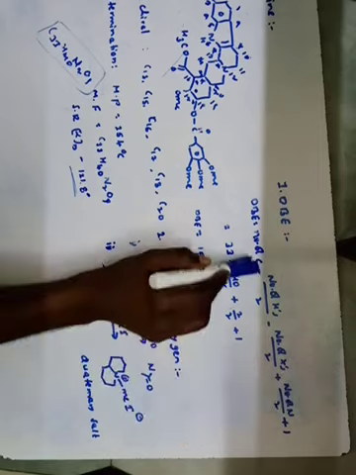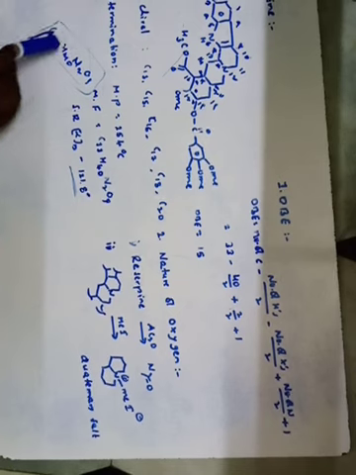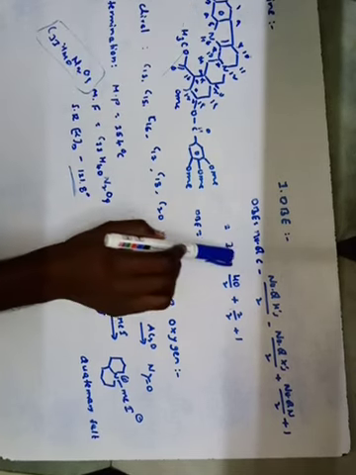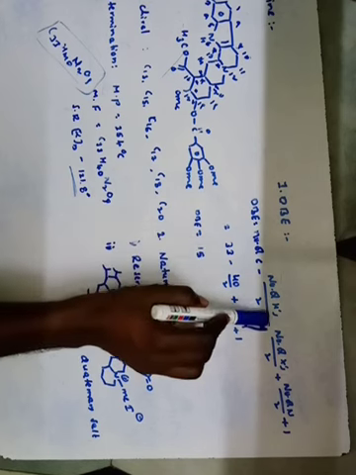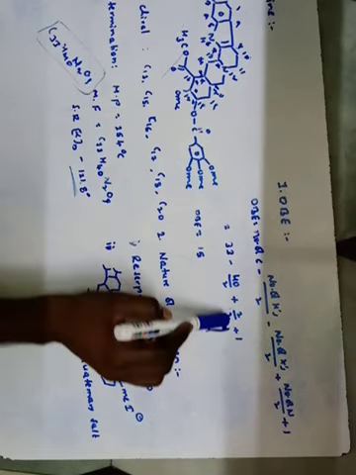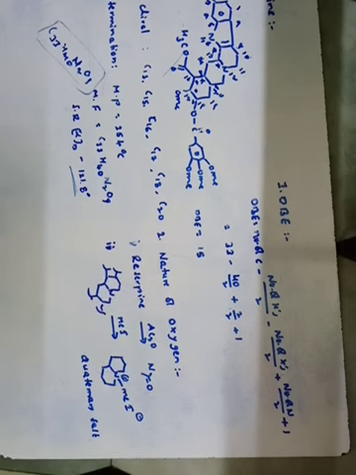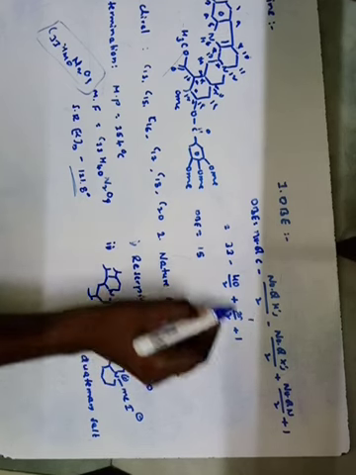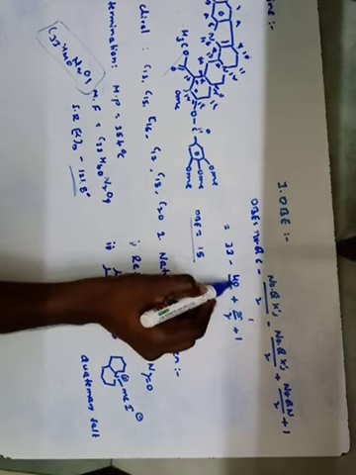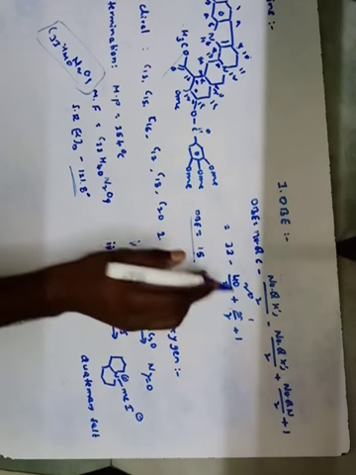Reserpine has 33 carbons, so you write 33, then 40 divided by 2, and 2 nitrogens so 2 by 2, plus 1. If you calculate this, the double bond equivalence is 15.